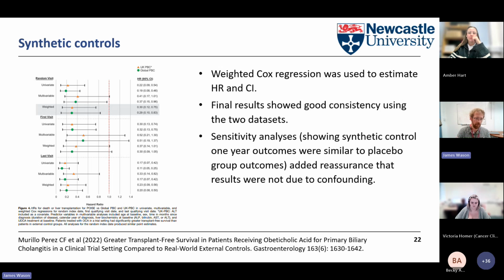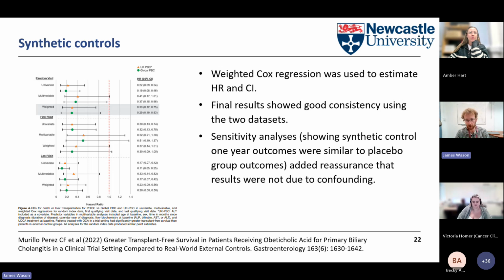But the final result in this case is that we conducted a weighted Cox regression. So the idea of a weighted approach is that we can weight the treated and untreated participants in a way that tries to create as unbiased a comparison as possible, so that the difference between treated and untreated is not due to factors that differed between the populations other than whether they were treated or not.